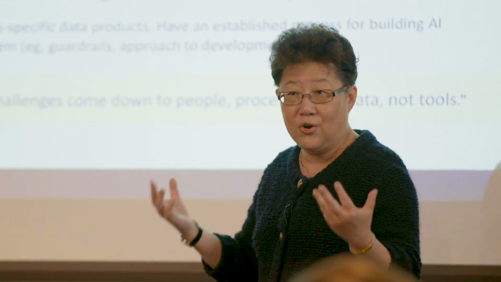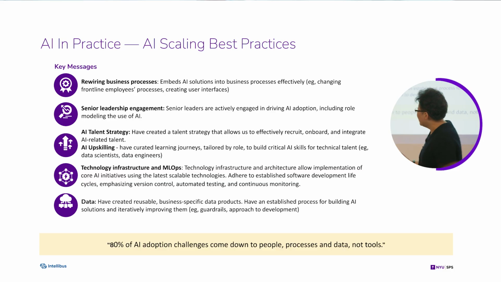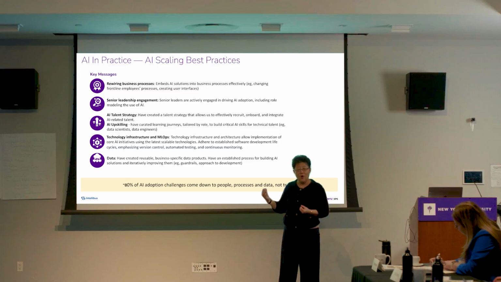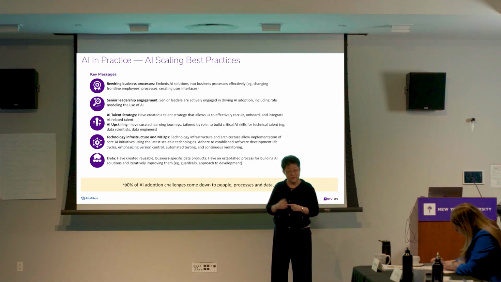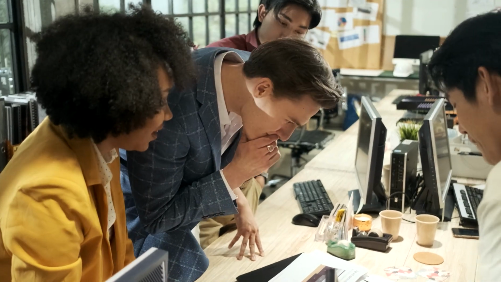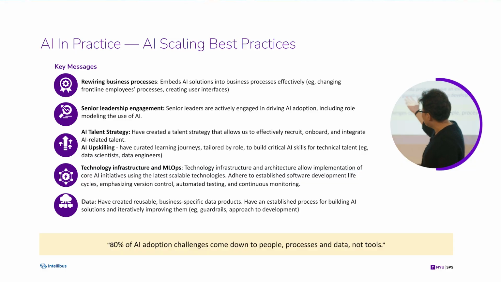Everybody should be using AI. Everybody is going to be evaluated for your AI IQ or adoption. I think that's super important, right? The talent strategy, whether it's through recruiting, attracting talent, or bringing more skill sets to the existing team, that's super important. And then the technology infrastructure and ML ops, right?